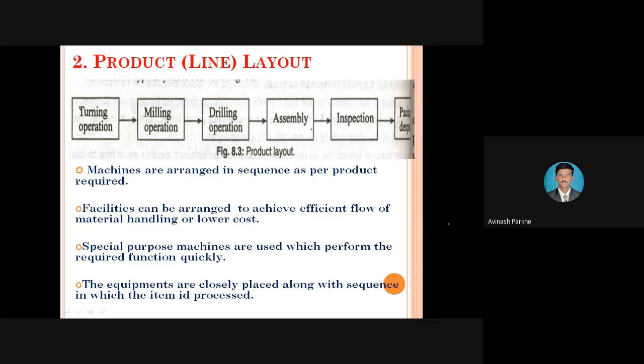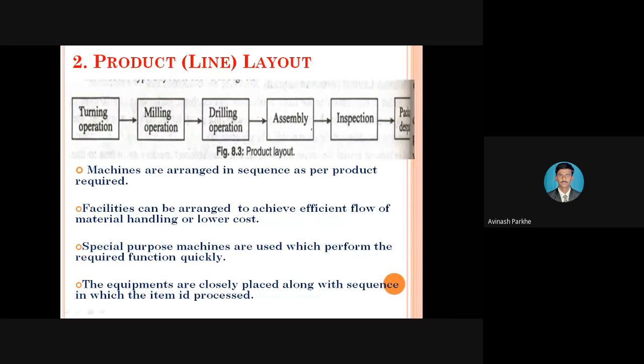Such special purpose machines are also provided in this product layout, because some operations or tasks cannot be performed using a regular machine. So for that purpose, some high finishing machines and special purpose machines are required, and such machines are also provided in this type of layout.